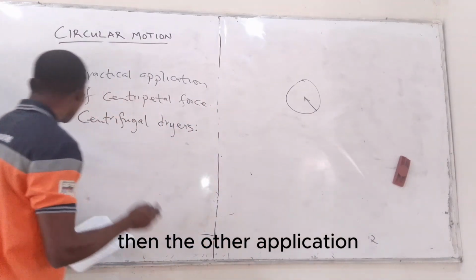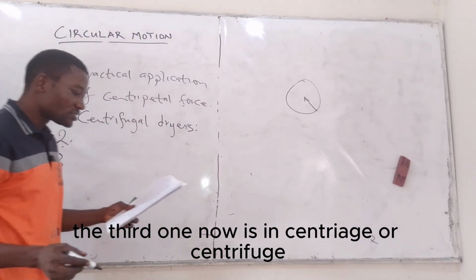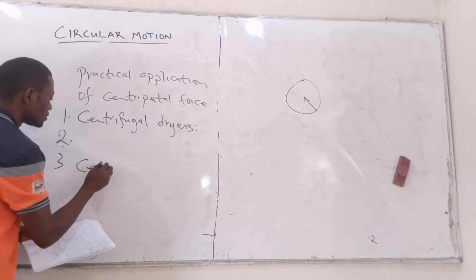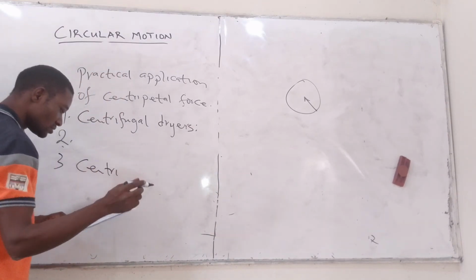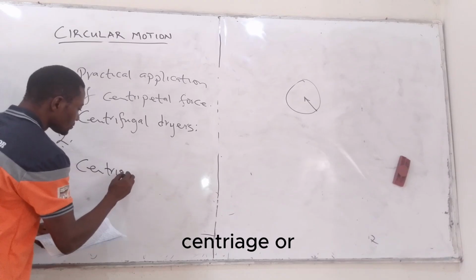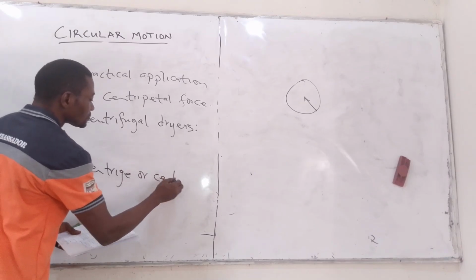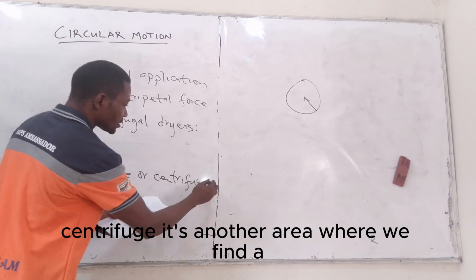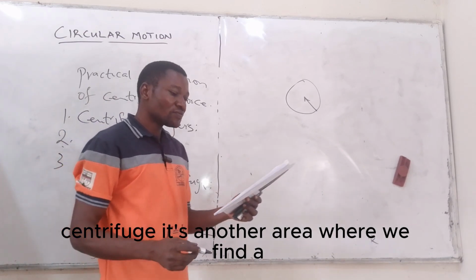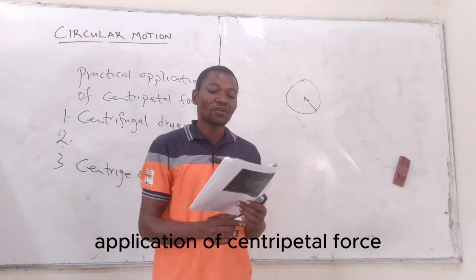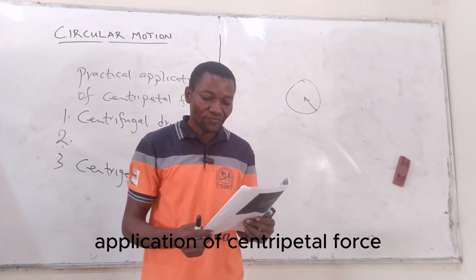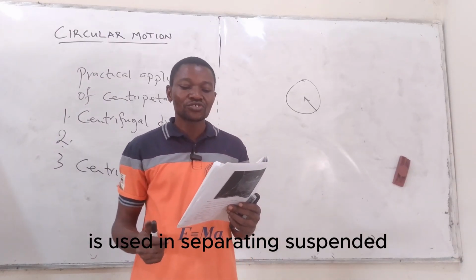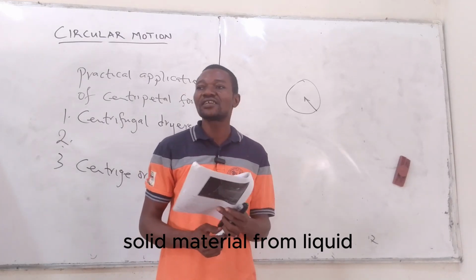Then the other application, the third one now, is in the centrifuge. It's another area where we find the application of centripetal force. So a centrifuge is used in separating suspended solid material from liquid.